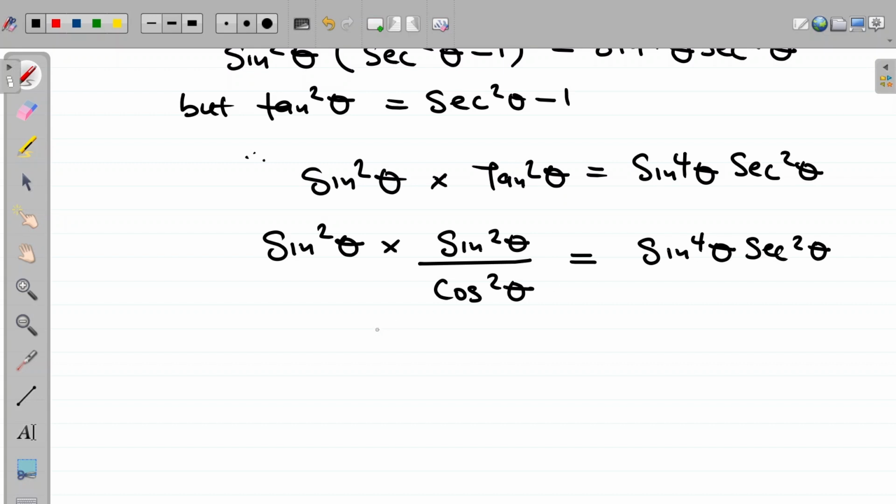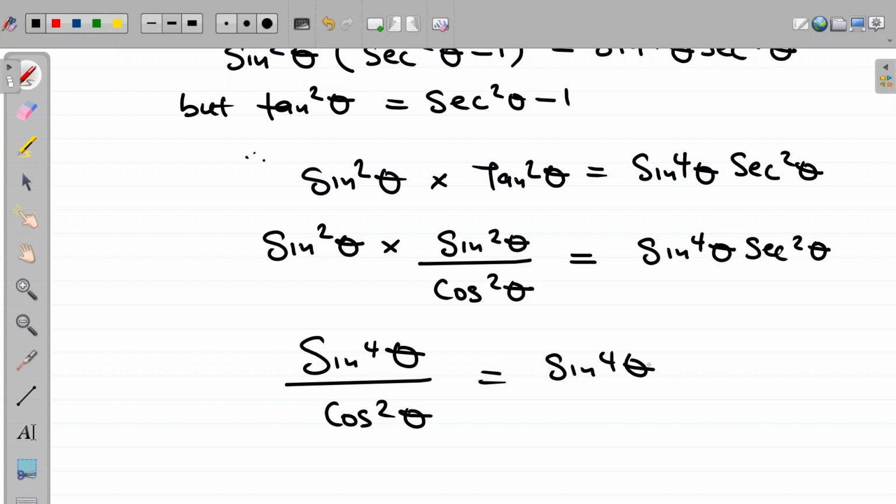So from here we can establish that sine square theta times sine square theta is equal to sine to the power of 4 theta divided by cos square theta, equal to sine to the power of 4 theta sec square theta.